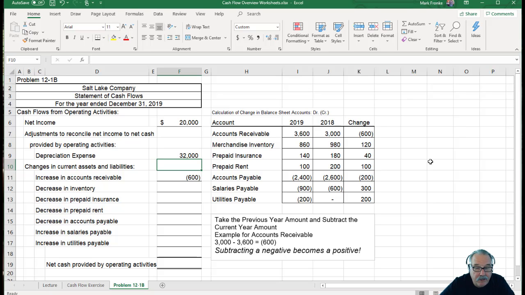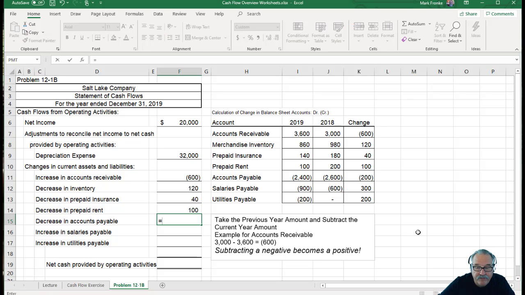I've already plugged in the increase in accounts receivable. We have a decrease in merchandise inventory, that's $120. We have a decrease in prepaid insurance, that's the $40. We have a decrease in prepaid rent, that's $100. We have a decrease in accounts payable.